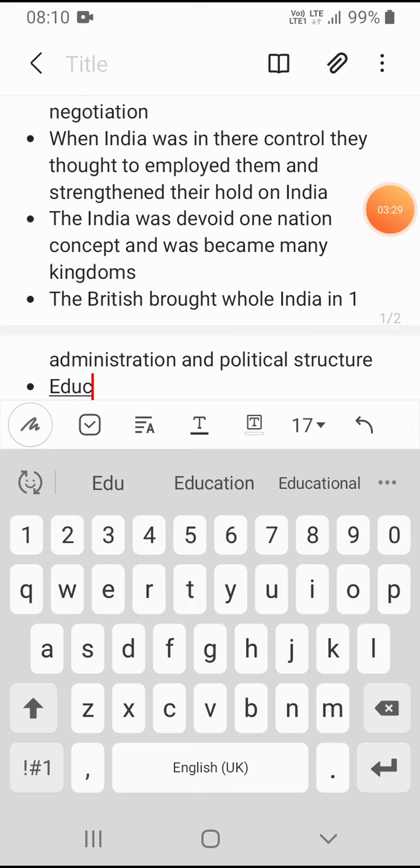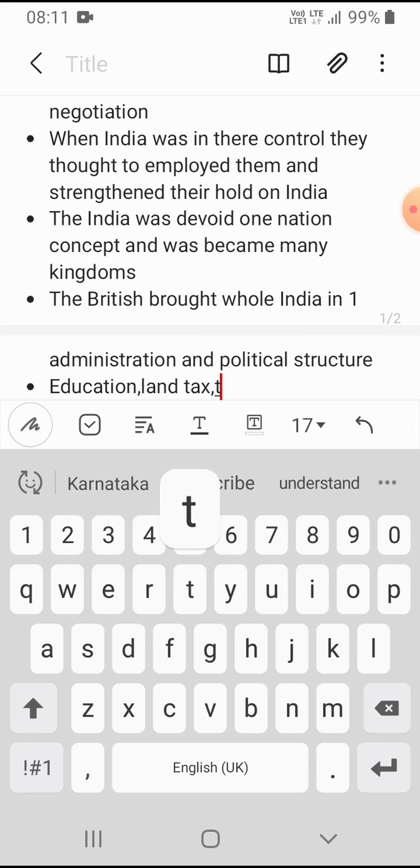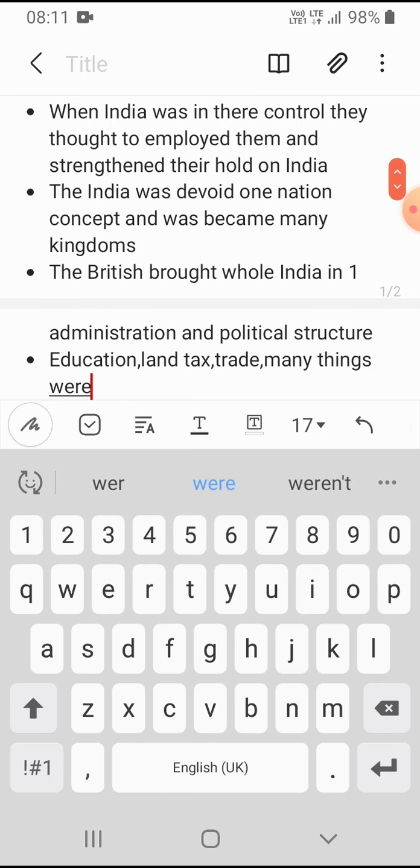Education, land tax, trade, many things were brought by the British to India.